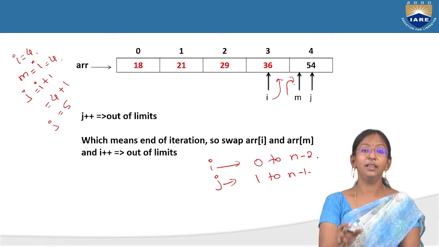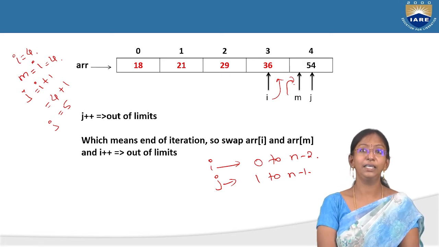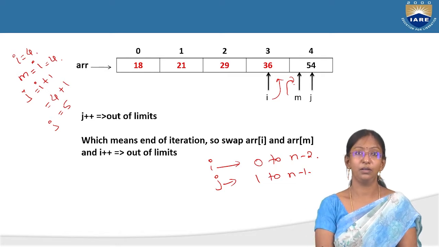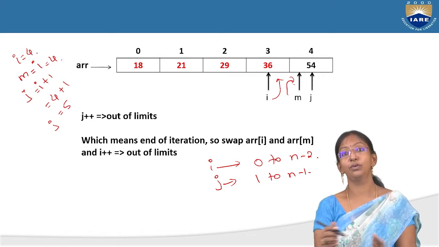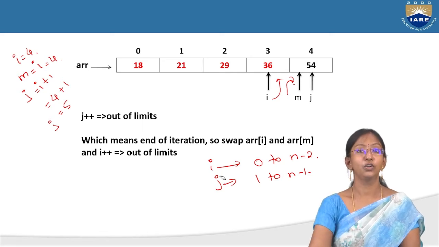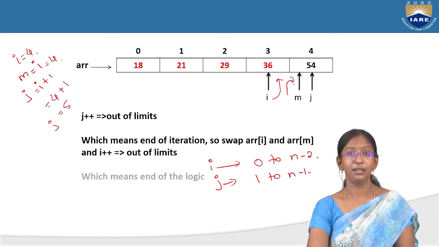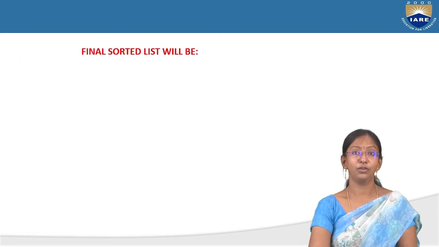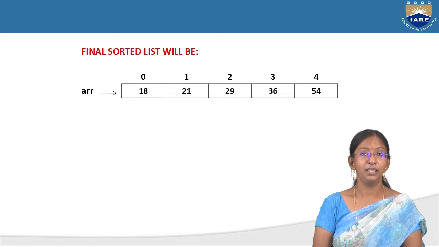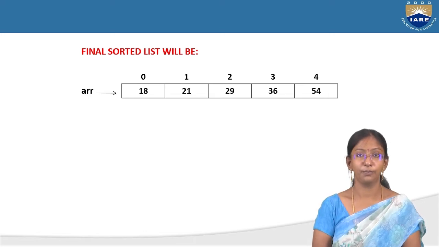In the current scenario, if I increment the value of I, it will reach n minus 1, which means it has gone out of boundary. So with this, I can say that sorting is done, right? It is the end of the logic and the final sorted list is in our hands: 18, 21, 29, 36 and 54.